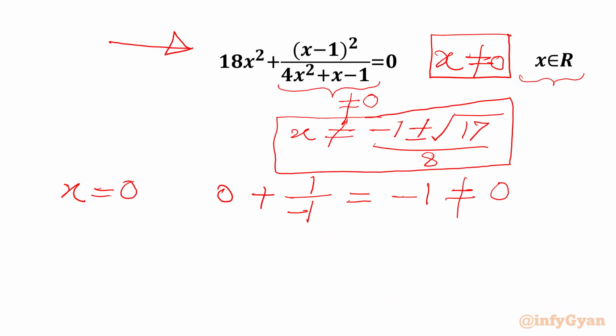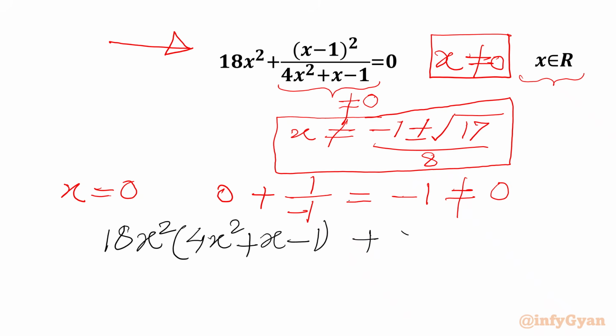Now we have to take the LCM over here. We will get 18x² times (4x² + x − 1) plus (x − 1)² equal to 0.